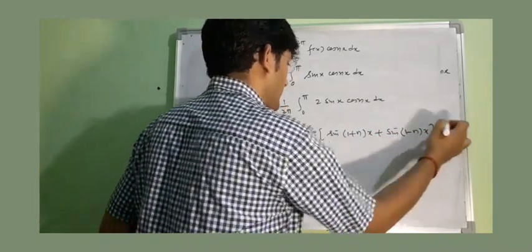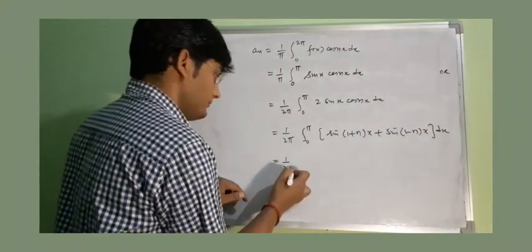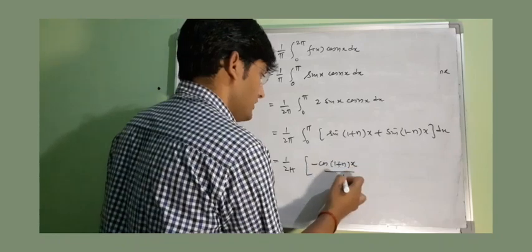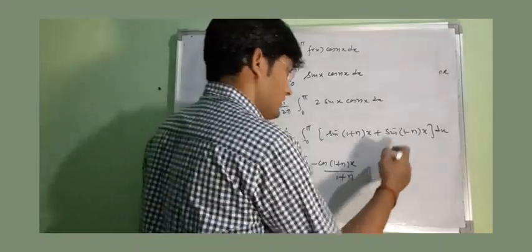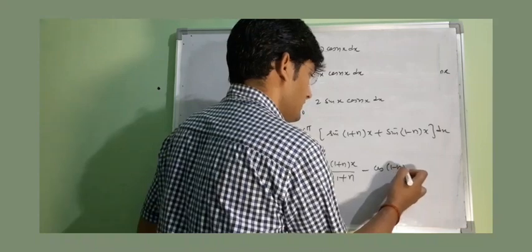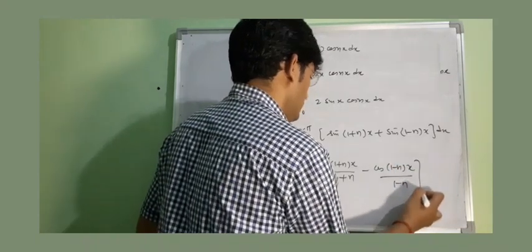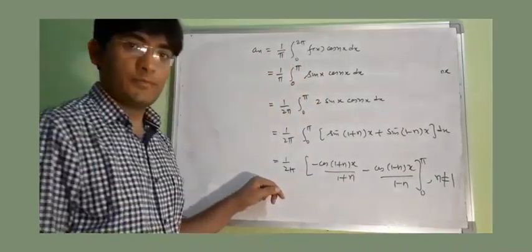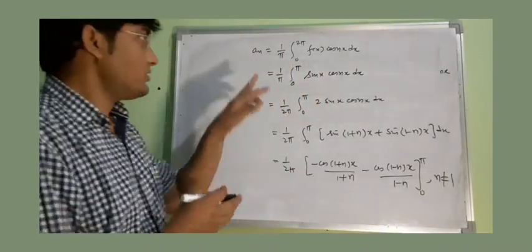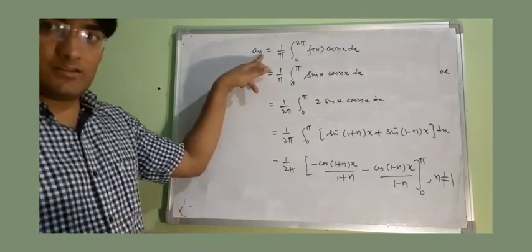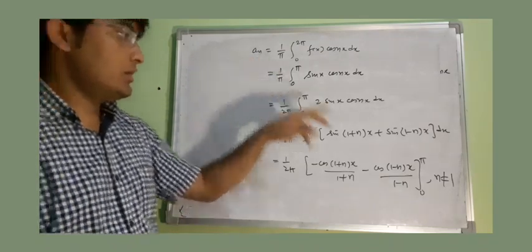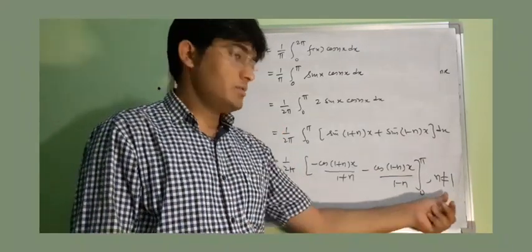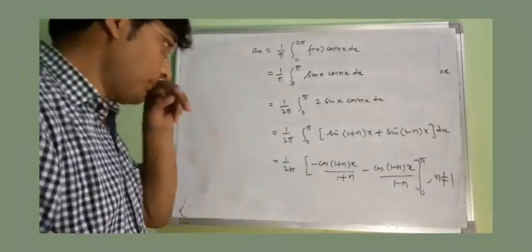Now the integration of sin (1 plus n)x is minus cos (1 plus n)x upon 1 plus n, and again the integration of sin (1 minus n)x is minus cos (1 minus n)x upon 1 minus n, with limits from 0 to pi. Please note that here n cannot be 1. As in case of an, our n starts from 1, so here n cannot be 1, so our n will start from 2, so n is 2, 3, 4, 5 and so on.